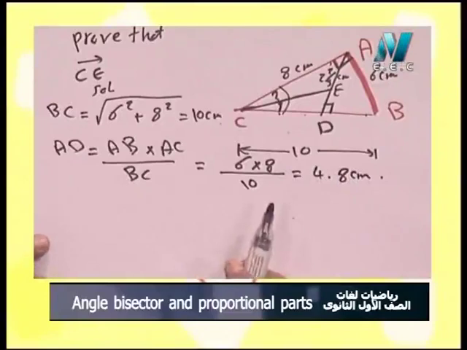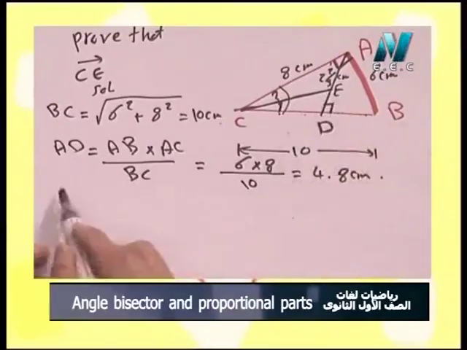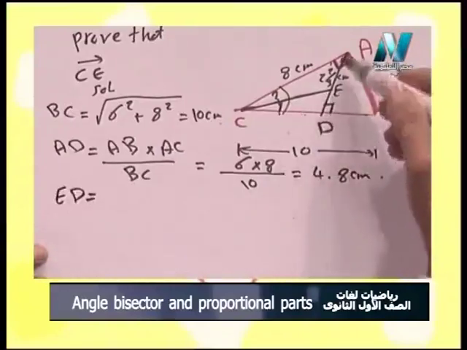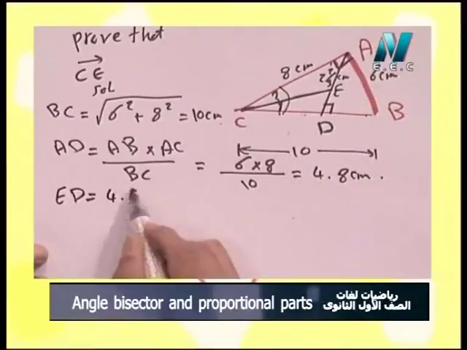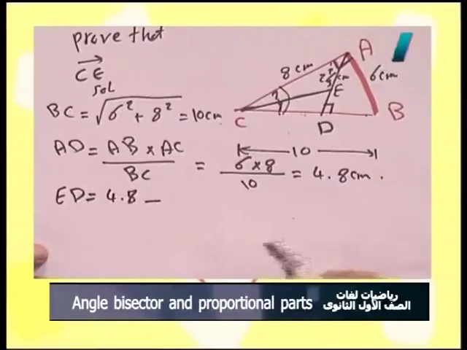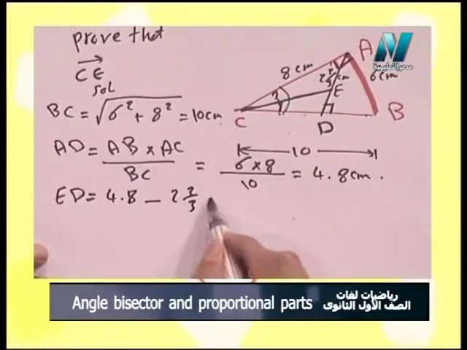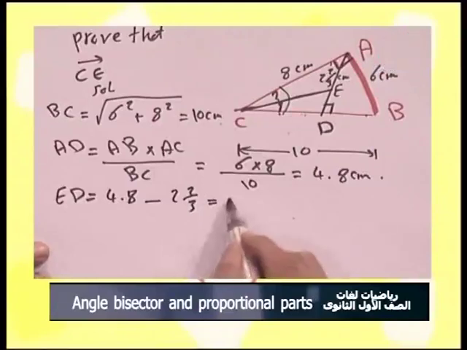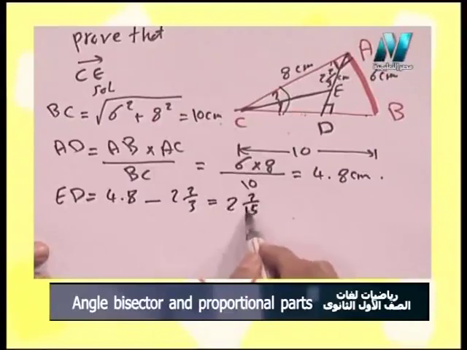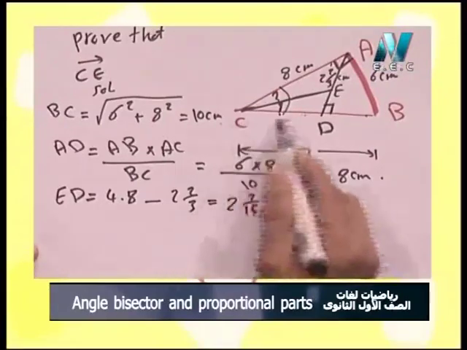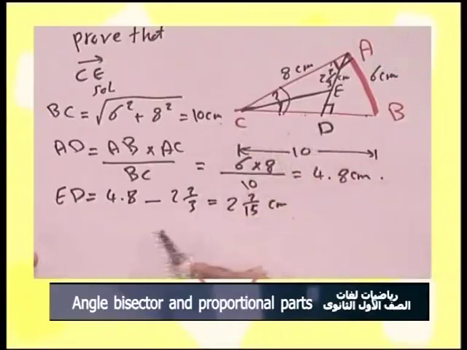And we have ED. ED equals the whole length of AD, 4.8, sorry, 4.8 minus 2 and 2 over 3. So the length of ED will be equal to 2 and 2 over 15 centimeters. Okay. Now we would like to find CD length.